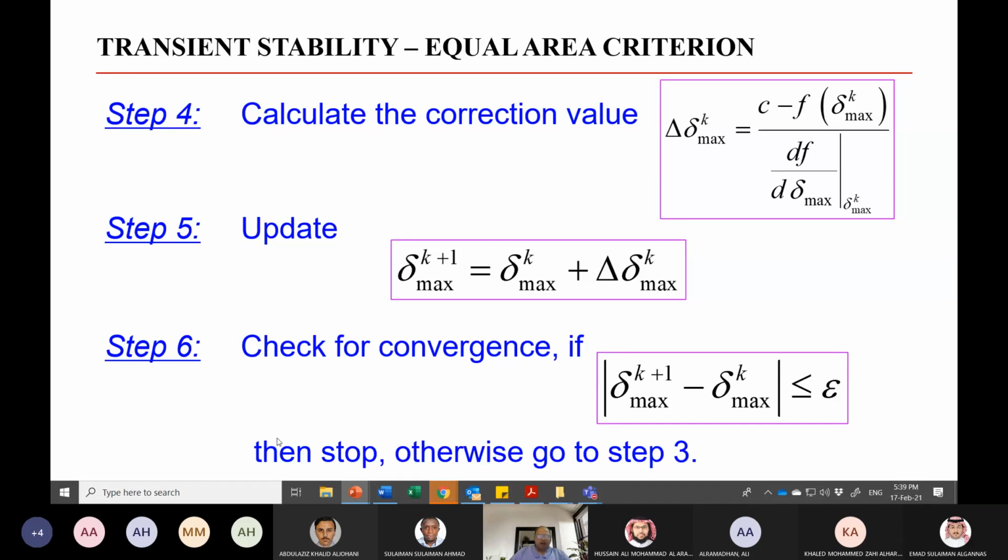Otherwise, you iterate again. This is simply the Newton-Raphson method. Typically, these problems are solved using trial and error, but of course, you can also use some iterative techniques here. I hope things are clear.